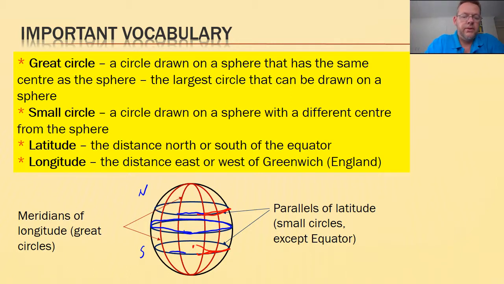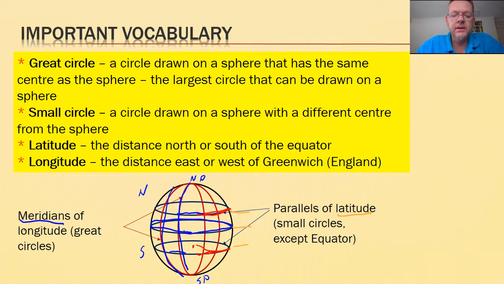Now if we think about this word meridian, our meridians are these lines that go up and down. They pass through the North Pole and the South Pole, and so all our meridians will be great circles. If we consider our parallels of latitude, now parallel means that they all run in a straight line and never touch each other.